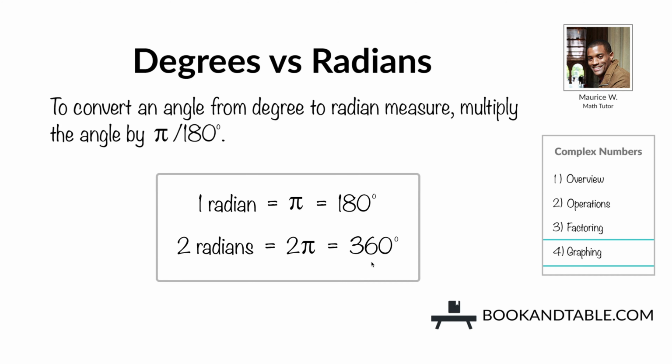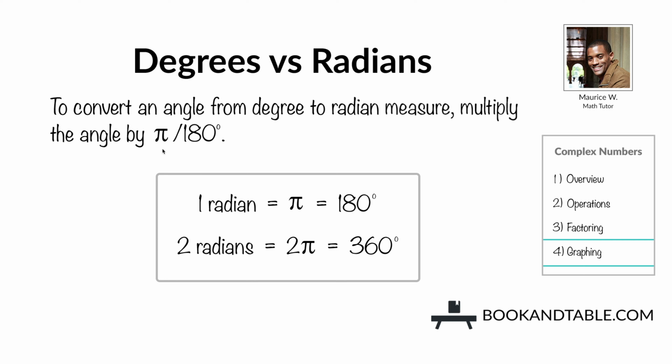And this information is helpful because if we want to convert an angle from degree to radian measure, then we multiply the angle by pi over 180 degrees. Why is that? We see pi, which is equivalent to 1 pi radian, is equal to 180 degrees.